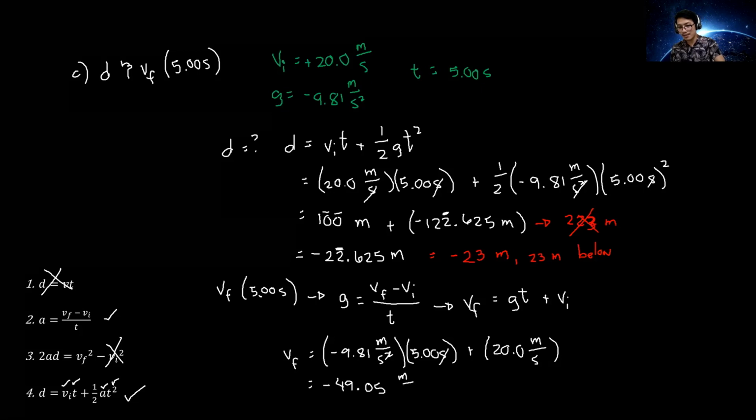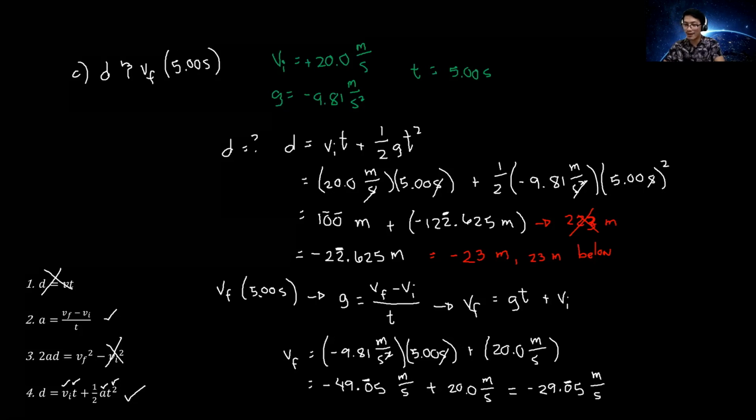Cancel ang seconds. So meter per second. Take note of the number of significant figures, tatlo. So hanggang 0. Ayan. Plus 20.0 meters per second. And that will give us negative 29.05 meters per second. Now, hanggang anong place tayo? Kasi addition yan. Sa 10th place. So hanggang dito dapat tayo.